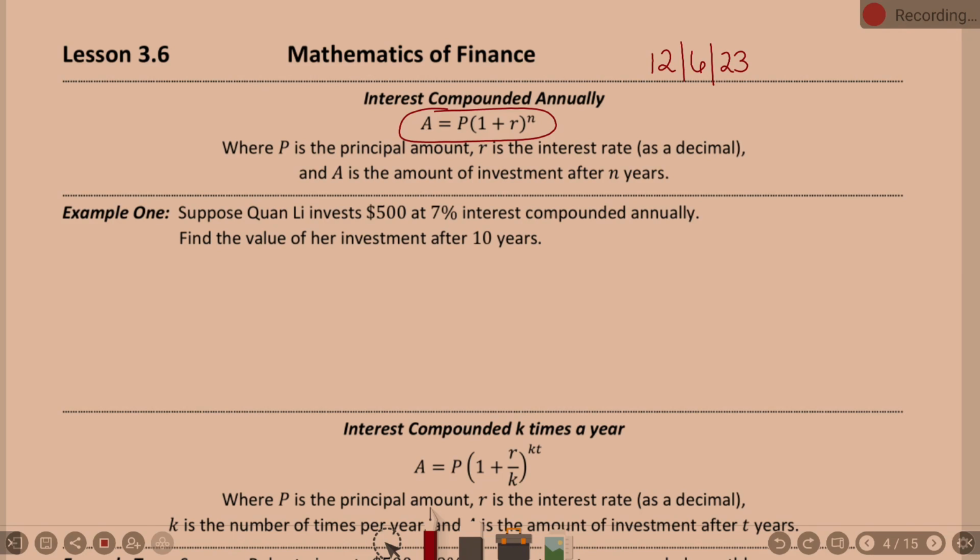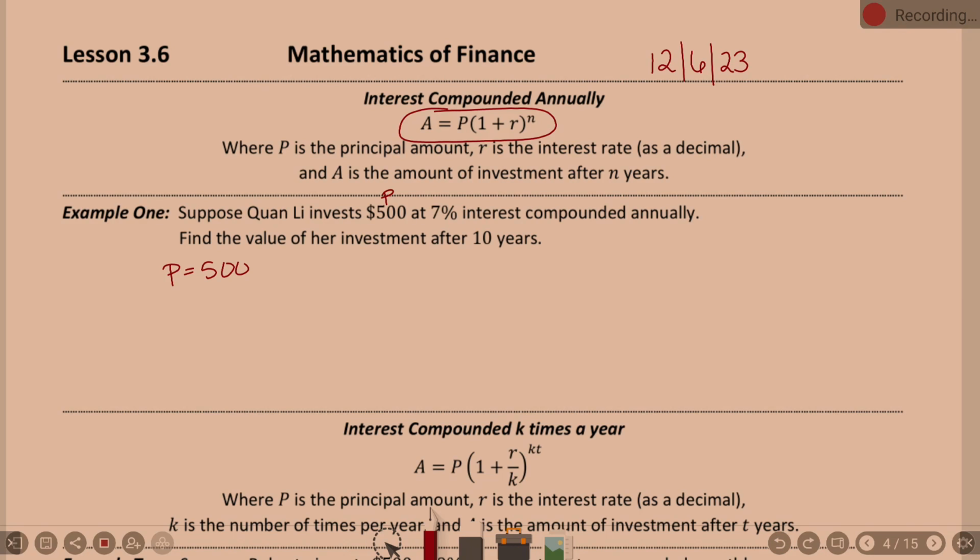So let's look at example 1. Suppose Quan Lee invests $500 at 7% interest compounded annually. Find the value of her investment after 10 years. What do you know? Okay, she invests $500, so we know that P is 500.